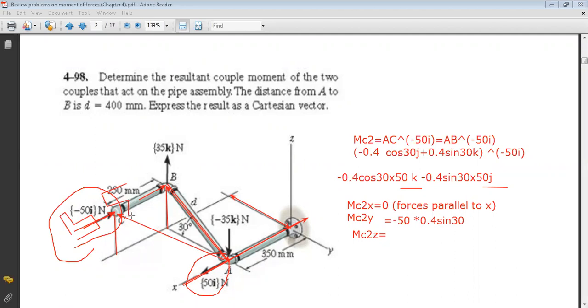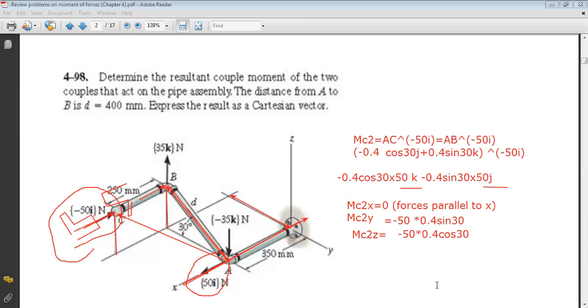And in this case, I have a negative moment about Z. So I will write now, it is equal to minus 50 times 0.4 cosine 30. So I got also the same result. Here along K, I have minus 0.4 cosine 30 times 50.